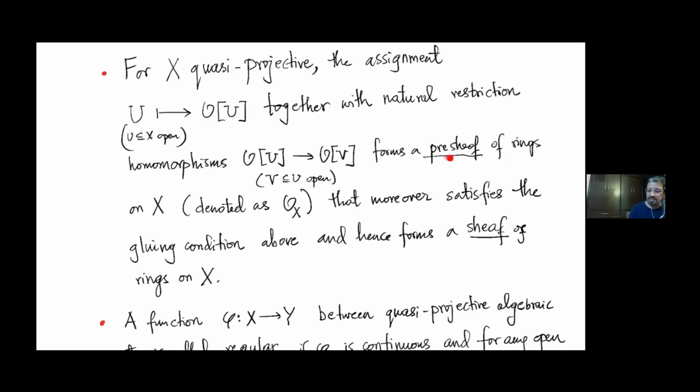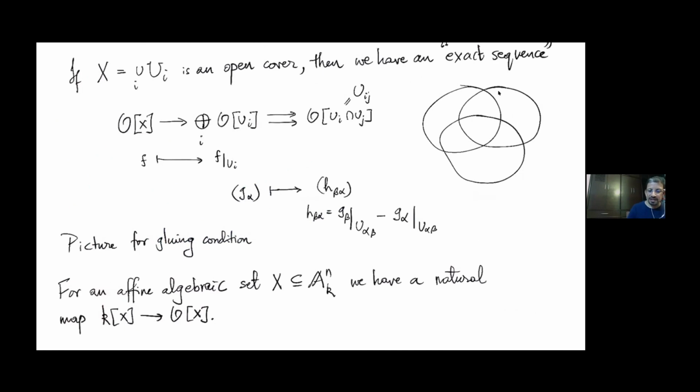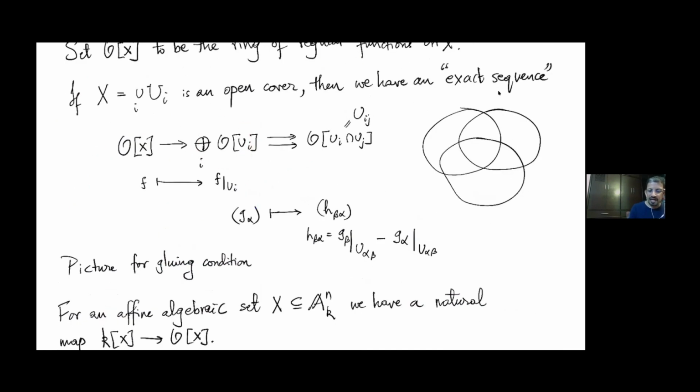We look at presheaves of rings, and there is an additional property we have here for O_X, which is that it satisfies the gluing condition mentioned above. If I give you an open cover and the intersections, then any collection of functions on each of these open sets, which agree on the overlaps, which means it lies in the kernel of this map, actually comes from a unique globally defined function.